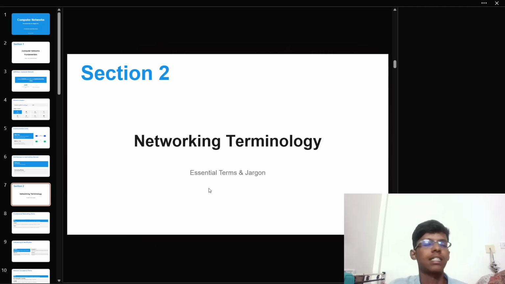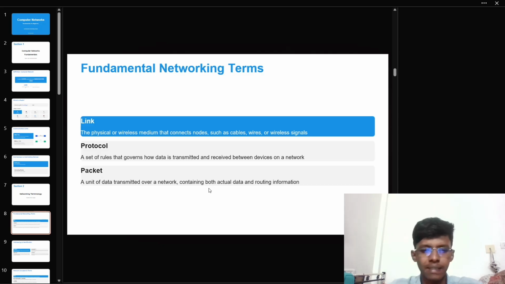You will hear terms like IP address, MAC address, protocol, packet, and if you don't know what these mean, you will feel lost. Before diving into the core concepts of networking, let us see some fundamental networking terms, which make learning much easier. So let's dive into this.